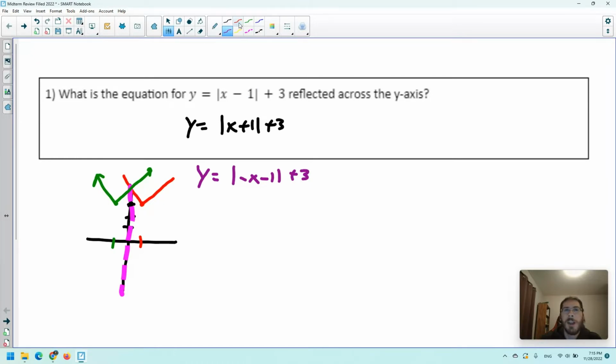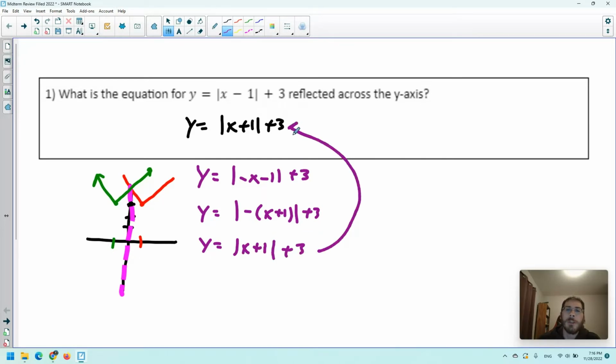Now, the thing that makes this kind of weird is if we factor out this negative sign, we would get absolute value of negative x plus 1 plus 3. And the absolute value of a negative would actually get us back to what we would do if we would just move it over to the left. So that's kind of cool that we have two different ways to do this one. Again, both ways are pretty good.